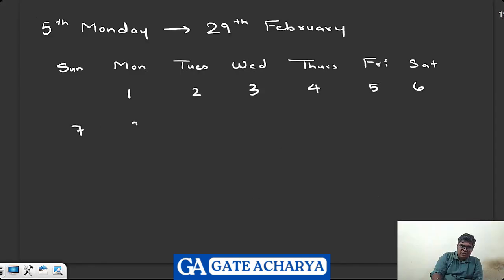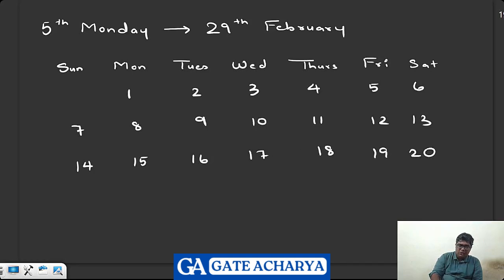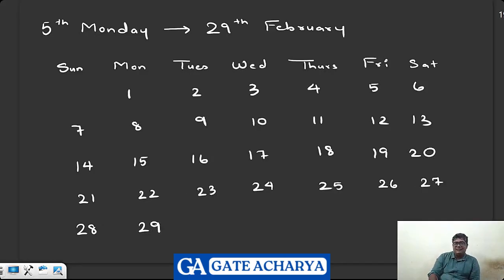Then next is 7, 8, 9, 10, 11, 12, 13, 14, 15, 16, 17, 18, 19, 20. I'm showing you how the calendar will look. 22, 23, 24, 25, 26, 27, 28, and exactly 29. You can see how many Mondays are here? 5 Mondays. That's why the fifth Monday will always be 29 February. So in the month of February, this is the only way I can create it.